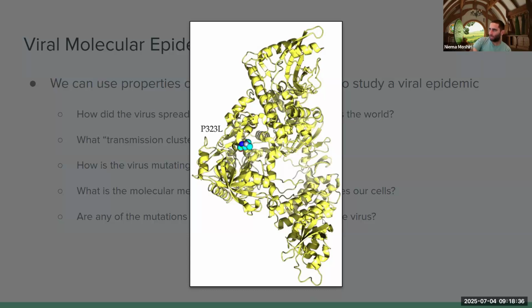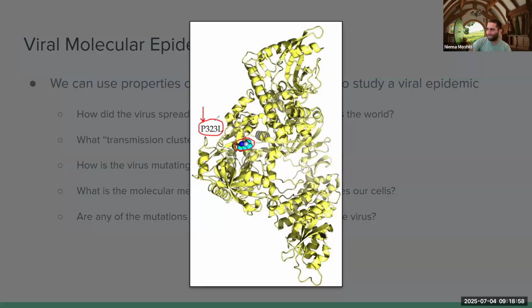And here, this is the three-dimensional structure of the spike protein of COVID-19, where we can overlay a specific mutation onto the protein. So here, this is saying at position 323 of the protein sequence, the amino acid P, which I think is phenylalanine, maybe.